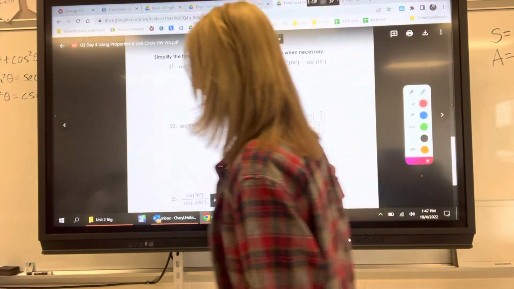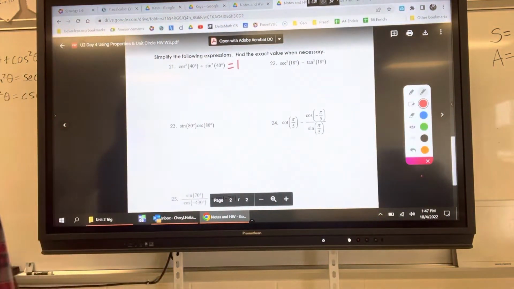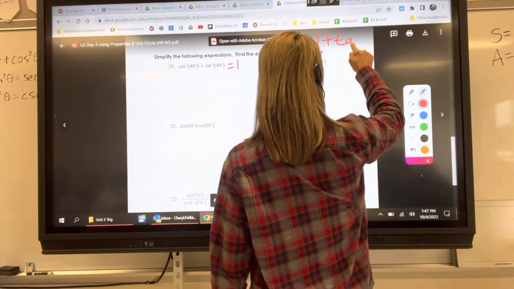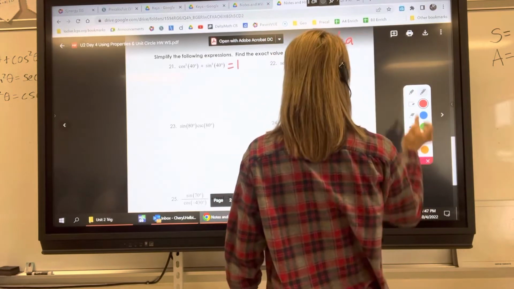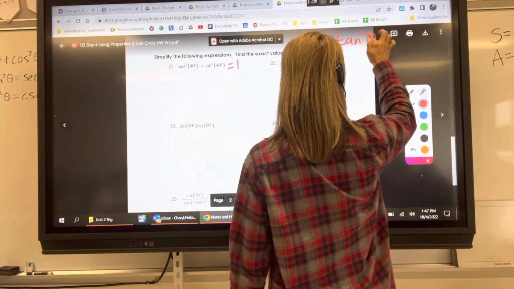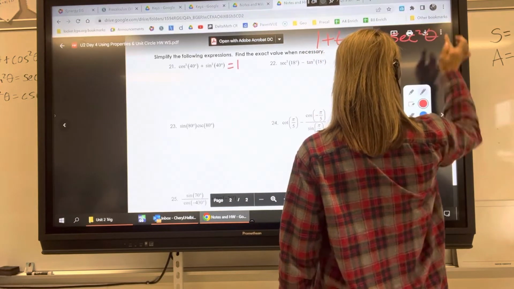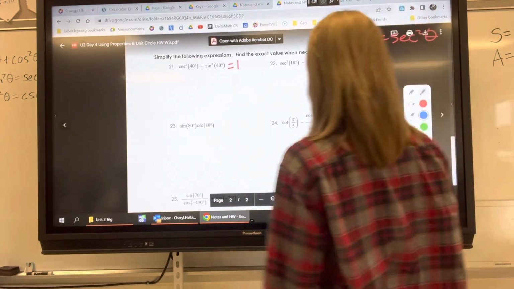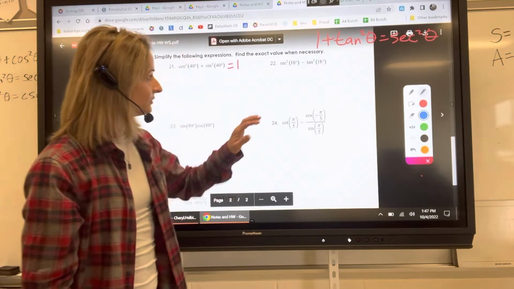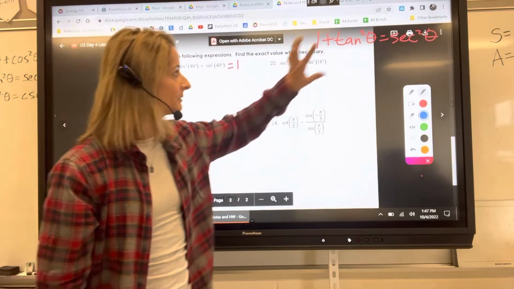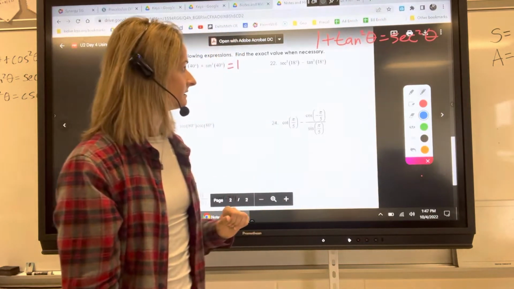So the next one, we're going to use the second Pythagorean identity, which is 1 plus tangent squared equals secant squared. Let me go ahead and just write that. 1 plus tangent squared of theta equals secant squared. Because what we're going to do here, in problem 22, this says secant squared minus tangent squared. It's really similar to this identity.